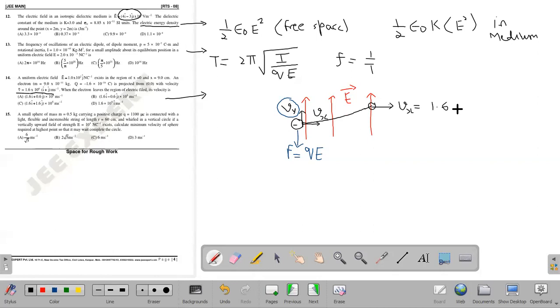So this x component of the velocity will be the same as it was at time t equal to 0.